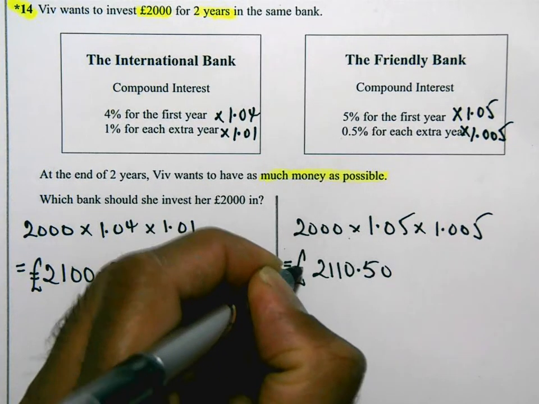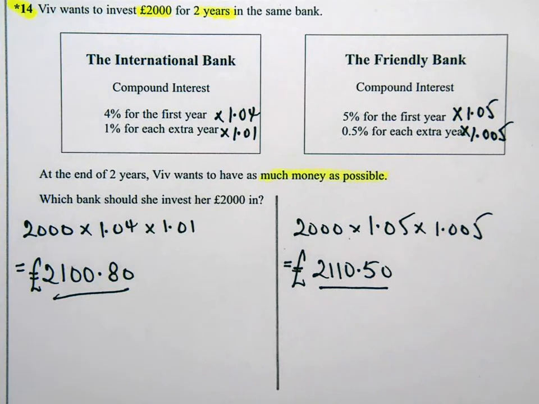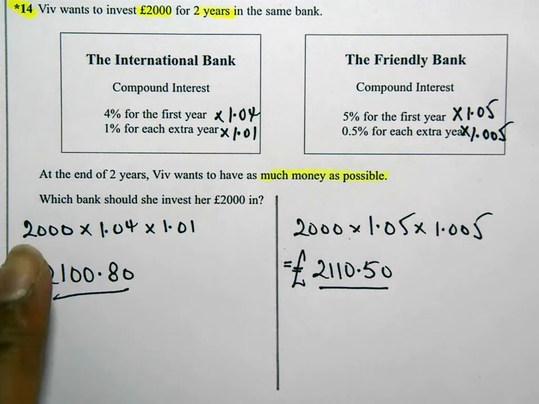Which one is more? Obviously, from looking at this, the friendly bank, she has more money after 2 years. But just read the question again. Which bank should she invest her £2,000 in?